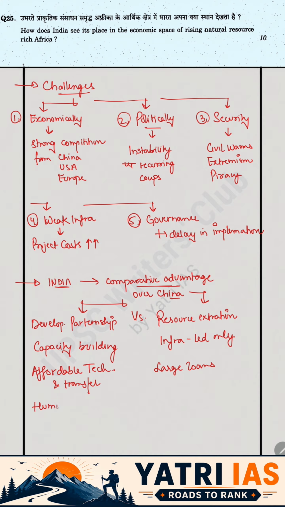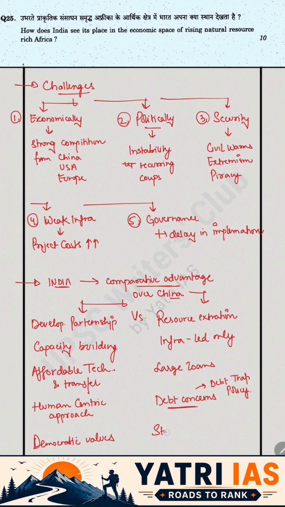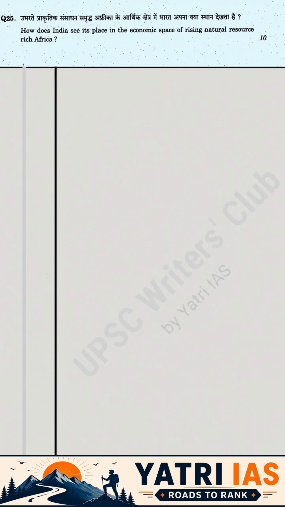India focuses on a human-centric approach, while China, you see, debt concerns. You must have seen debt trap policy. India follows democratic values and respects their distinct culture. In case of China, it is state-led investment mainly. So this is a comparative advantage that India enjoys over China.